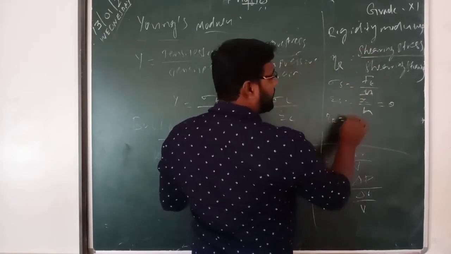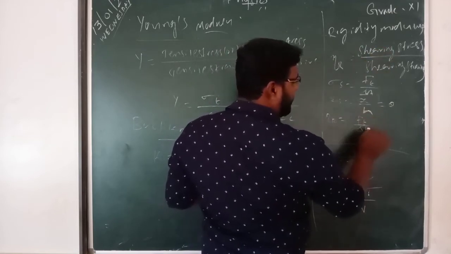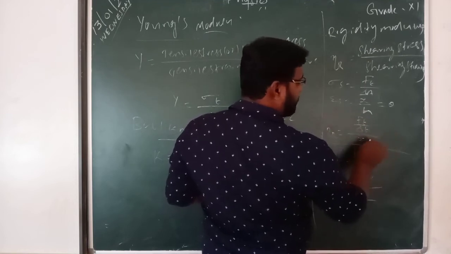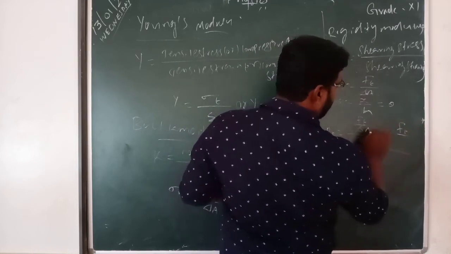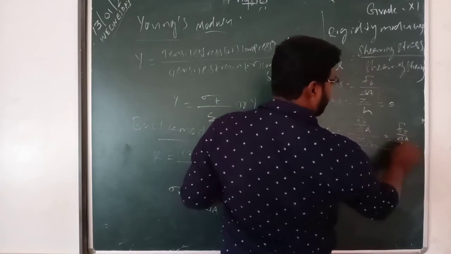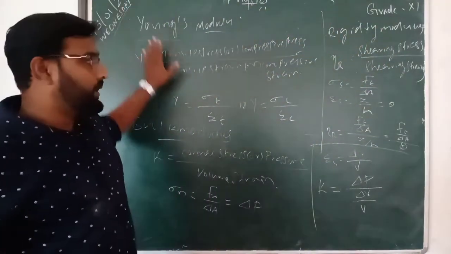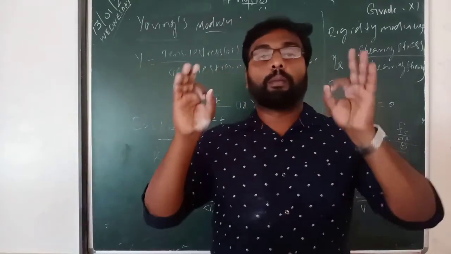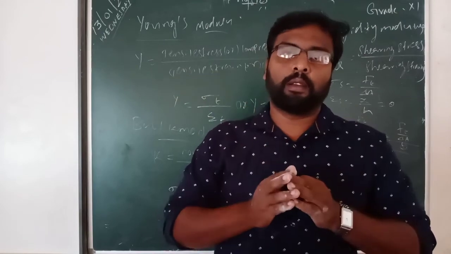So eta R is equal to Ft by delta A divided by theta. If you write the definition with this formula, you will get 5 marks, 3 for definition plus 2 for formula. So, very simple question.